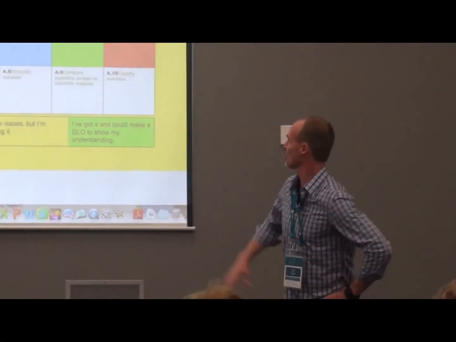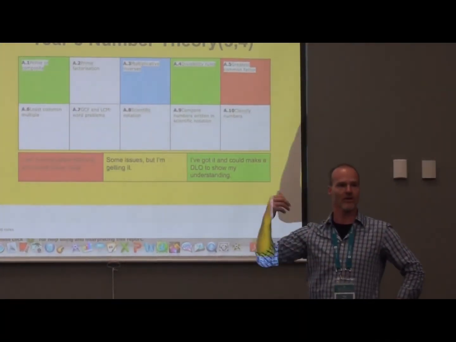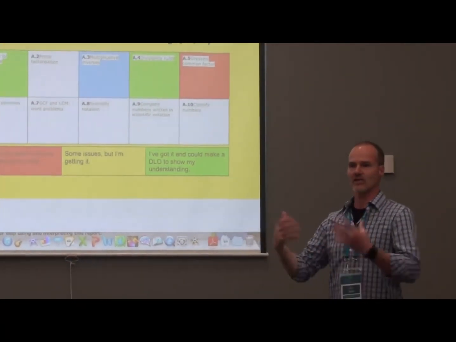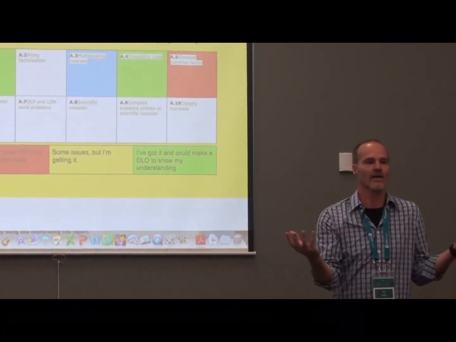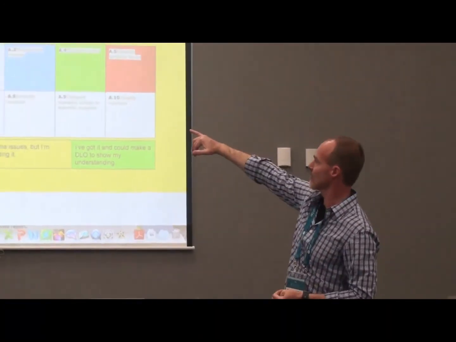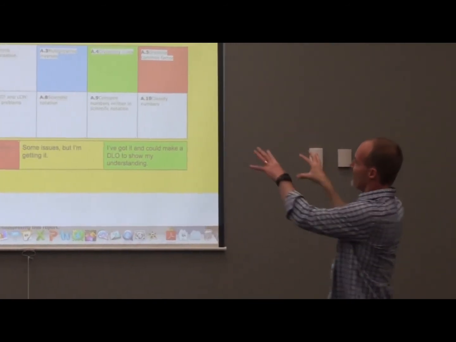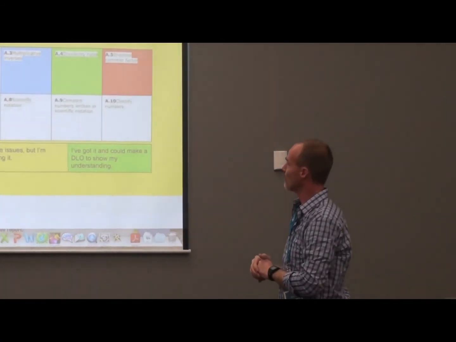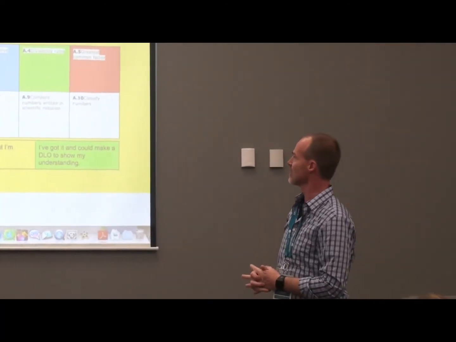Because if you've got a student that goes through and puts all those green, good to go, good to go, good to go, and as a teacher you look at them and go, wait a sec, none of that is coming through when I'm working with them, where is it? So there has to be a measuring up. The graphs that I sit down with them and we make and reflect on should line up when we check out the lessons and ask them questions, and it is a check for them.